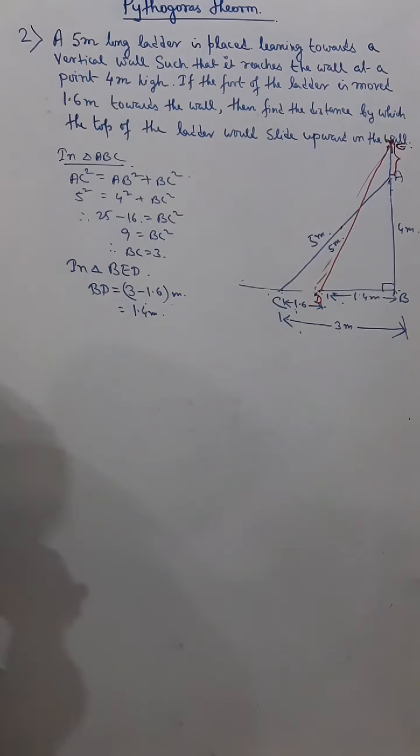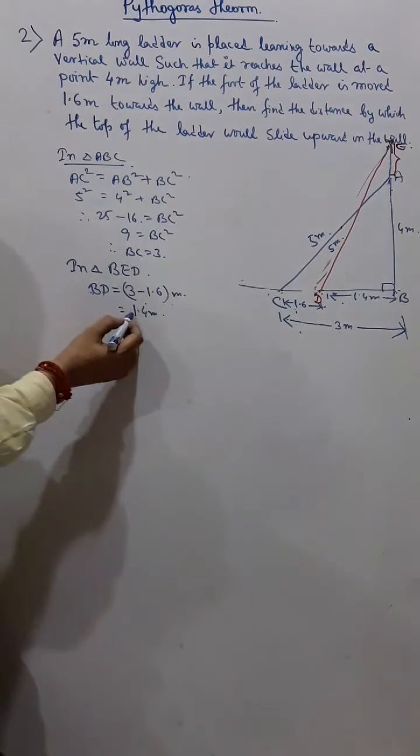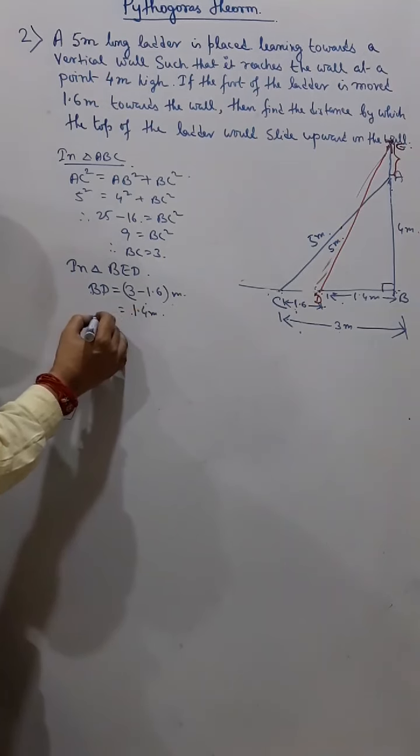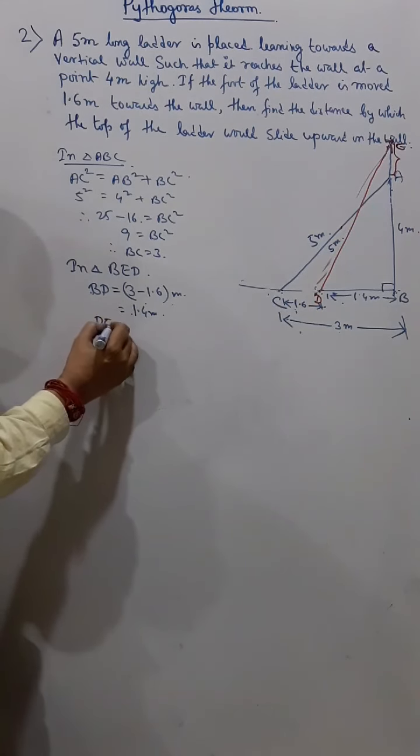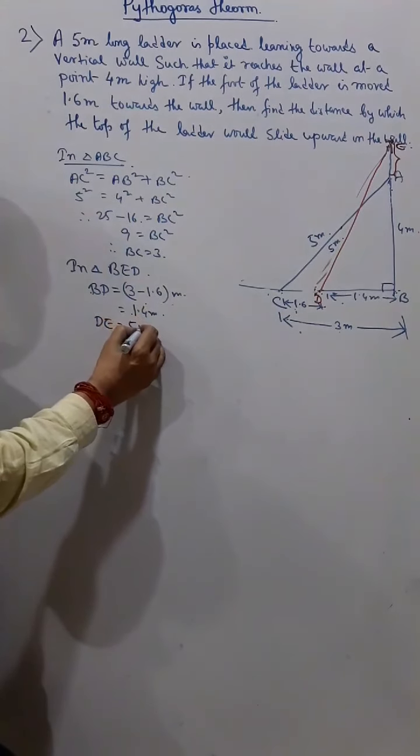And now we can get BE. So in this triangle we know BD and we also know DE. DE, that is the ladder, and that is 5 meters.